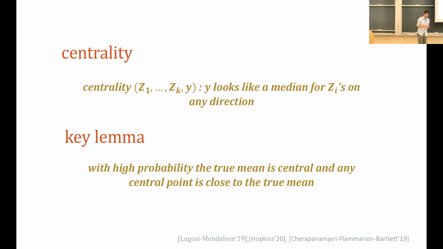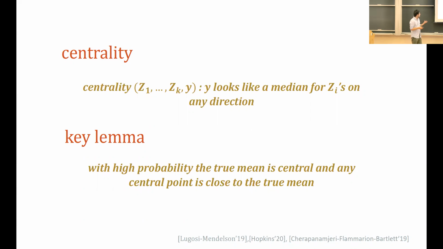Now, a key observation here is that the true mean itself is going to be a high-dimensional median, or central point, and any other point that is close to the true mean is also going to be a central point. So there's an if and only if situation here.